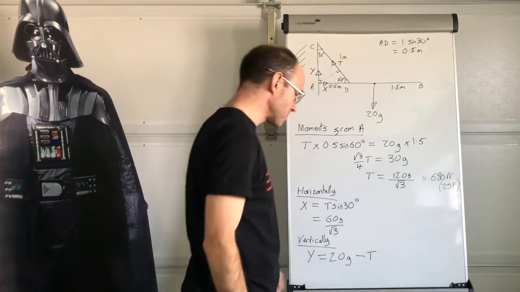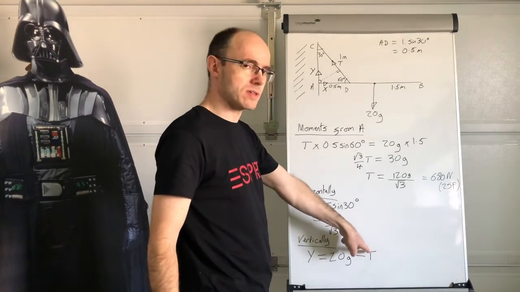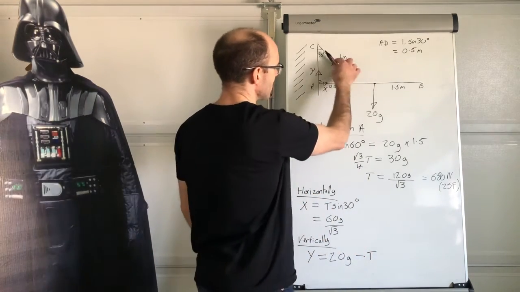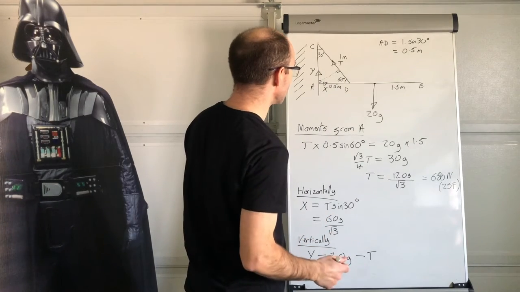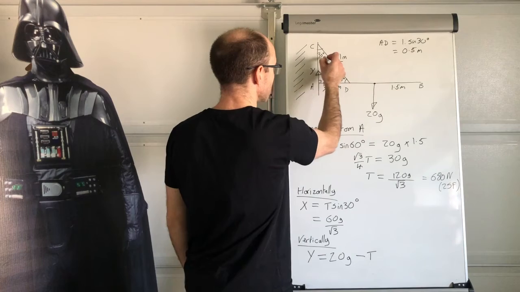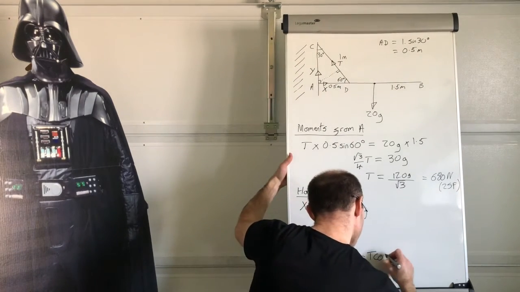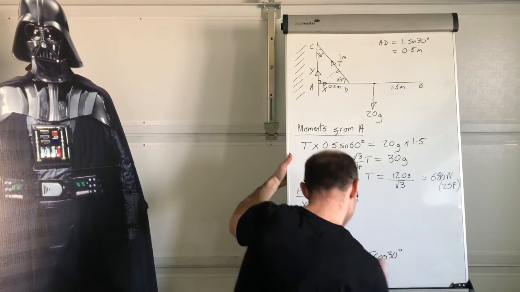I'm hoping it's obvious, but since we use sine 30 degrees there, it's going to be cosine 30 degrees there. Okay, but if you just check, there's the tension there, and we want to have this bit there, which is adjacent to 30 degrees, so cosine 30. So here we go, cos 30 degrees.